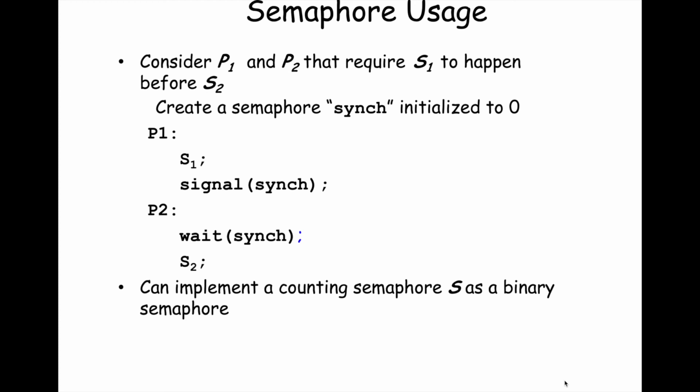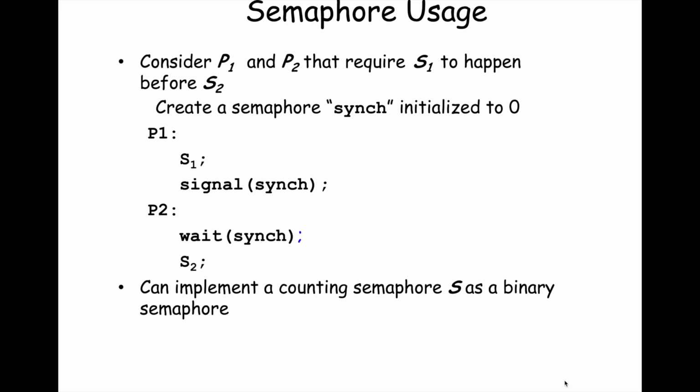One thing you could do is use semaphores to block P2's execution until P1 is done doing its part. You can use semaphores to do this coordination. So here we have P1, and we have this sync semaphore initialized to 0. P1 is going to do a signal on this semaphore, because the signal increments the semaphore.